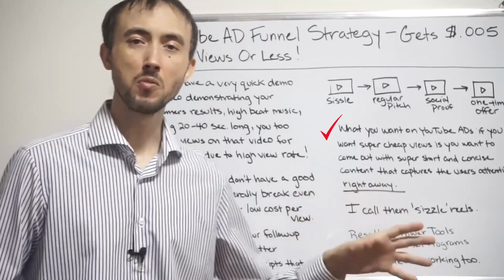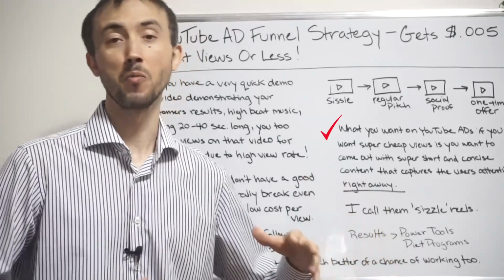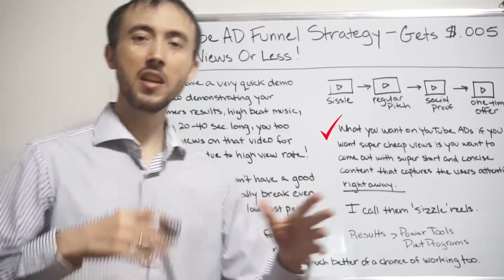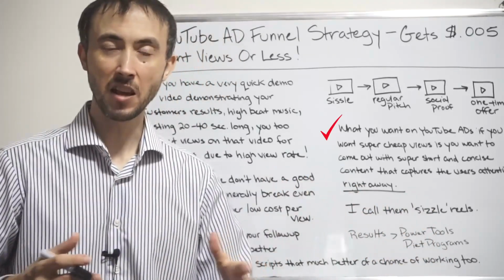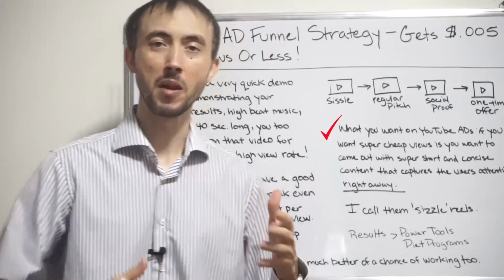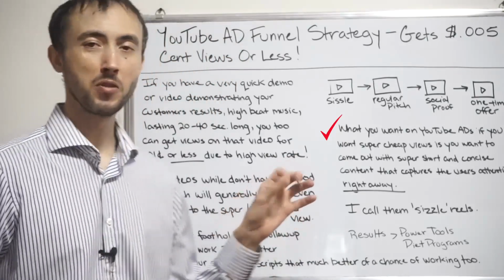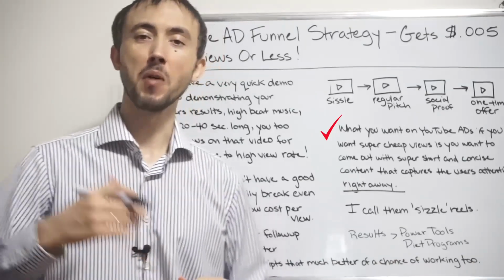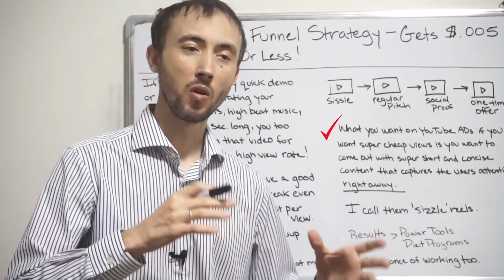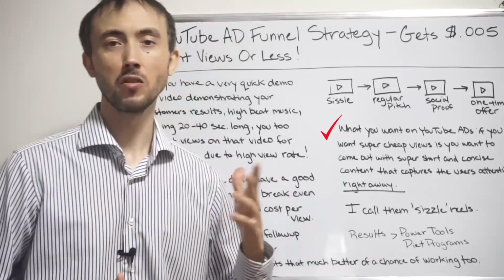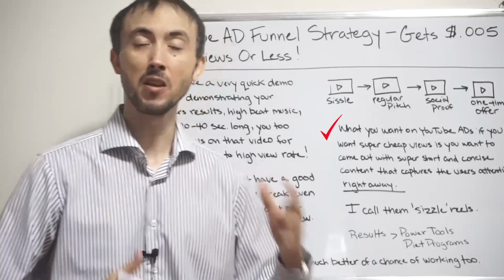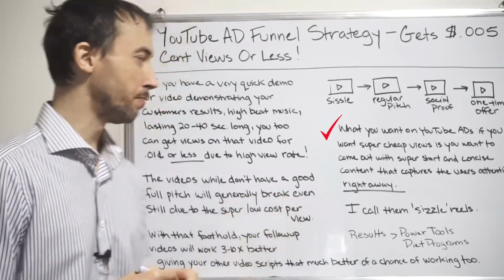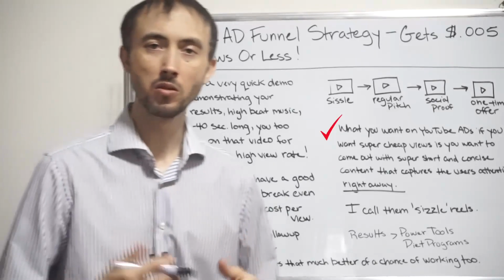But for some reason with YouTube ads, people have not exploited this that well, to where you can get the user's attention at a higher rate and keep their attention throughout what you want to show them at a higher rate, which leads to a cheaper cost per view, which will result in more money in your pocket if you went with a more snappy, TikTok style video content that's still business related. We are actually running basically short videos like that.